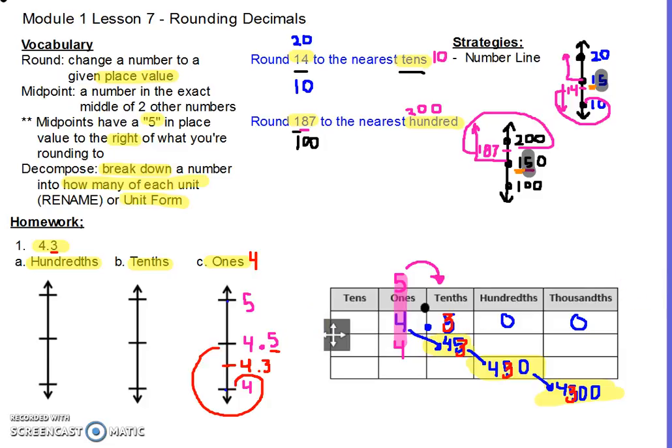Now let's take a look at tenths. Which decomposition am I going to use for tenths? And so I'm looking in this tenths line, and I am seeing, oh, okay, I have 43 tenths. So I'm going to come over here to my number line, and I'm going to have 43 tenths.